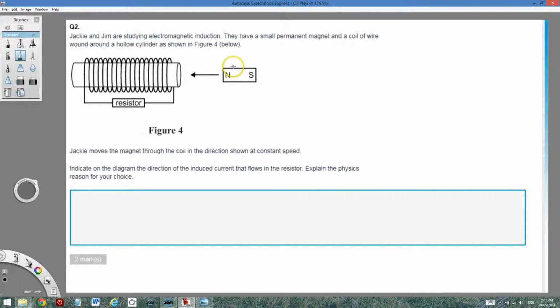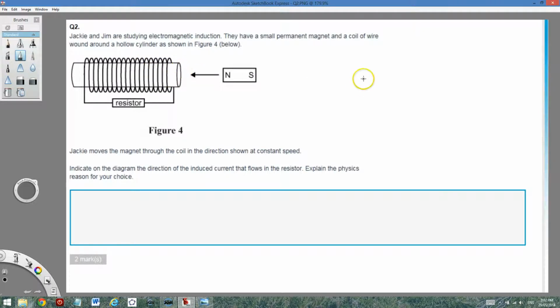So remember, the system doesn't like change. Look at the wire without this magnet. Without the magnet, the wire does not have a magnetic field inside. There was nothing.